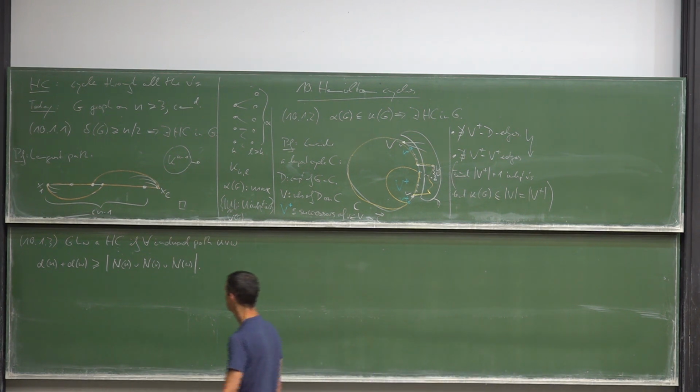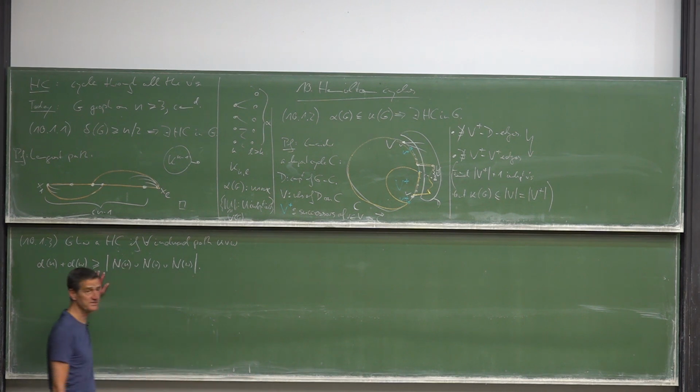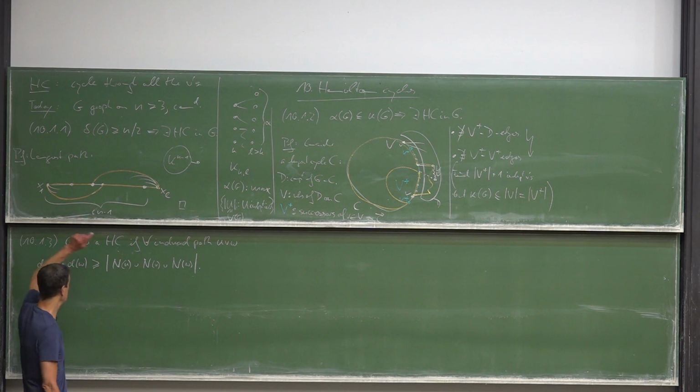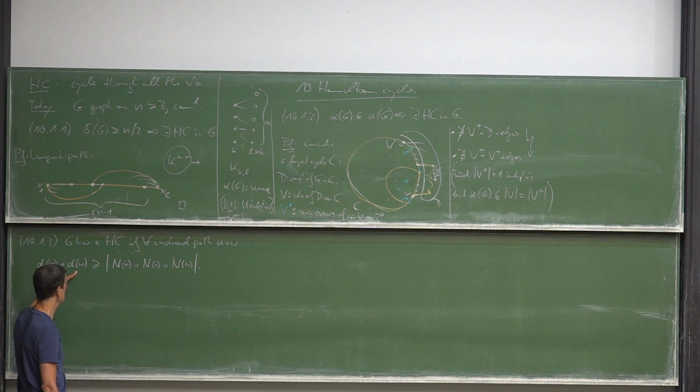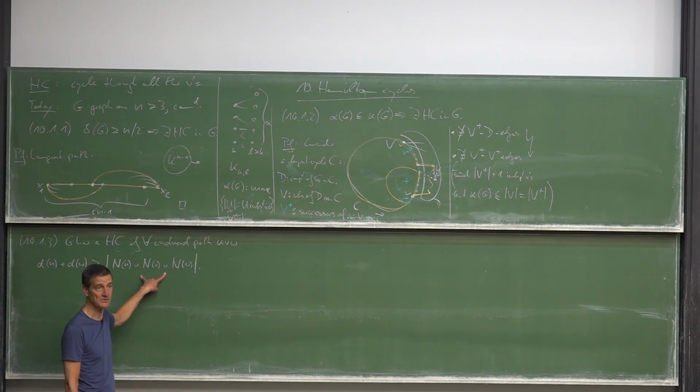Now, that clearly implies Dirac's theorem, the first one we had, this one here. Because if the min degrees are all at least half n, then this sum is at least n. And this is a subset of the entire vertex set. Right? So twice half n will be at least this, because this is at most n.